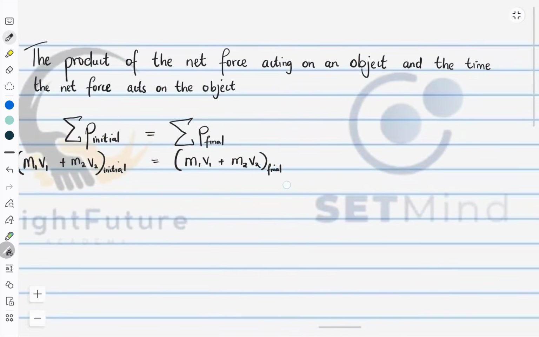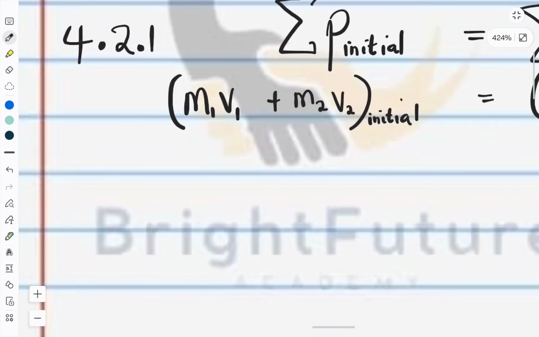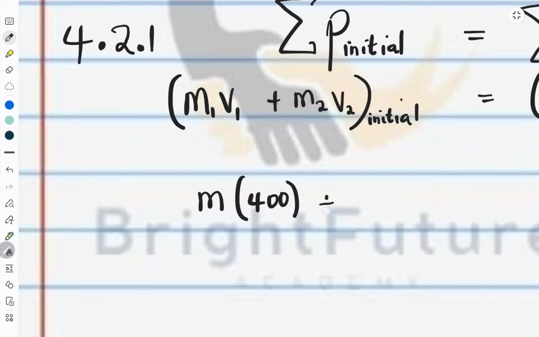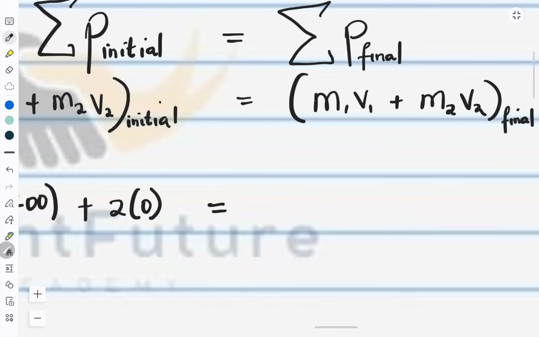So now we have the whole situation. Initially, I start substituting. M1 is just M, I don't know what it is, but its velocity is 400. M2 is 2 kilograms times 0. I'm just substituting now. For the final state, you know the velocity is the same for both, but let's just do it.